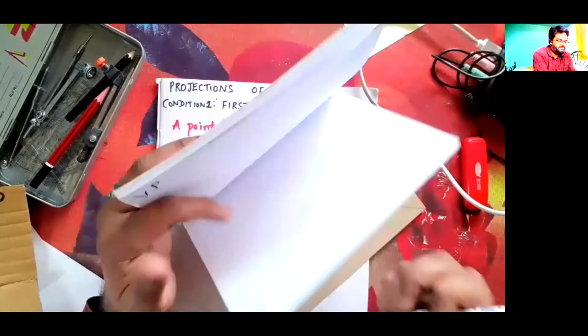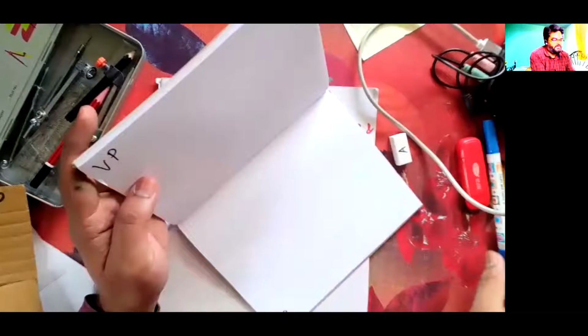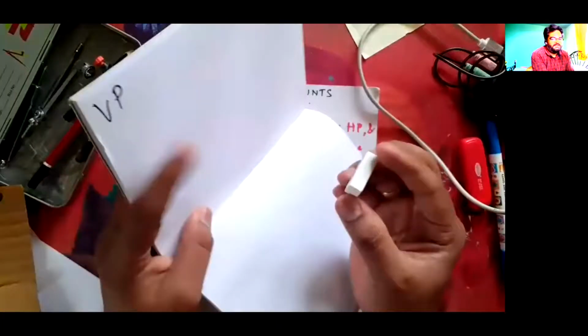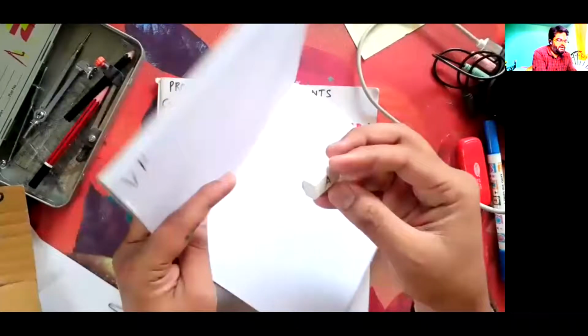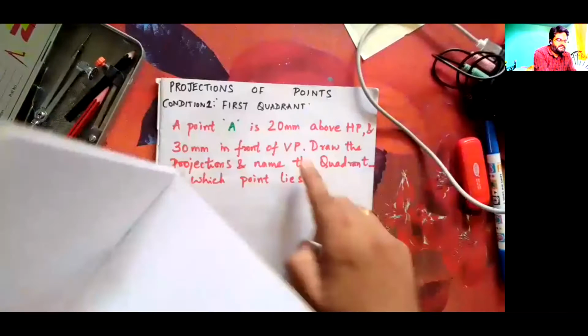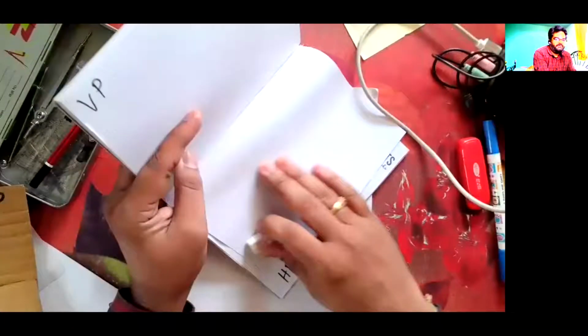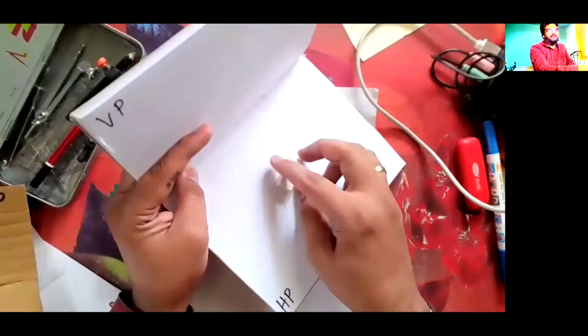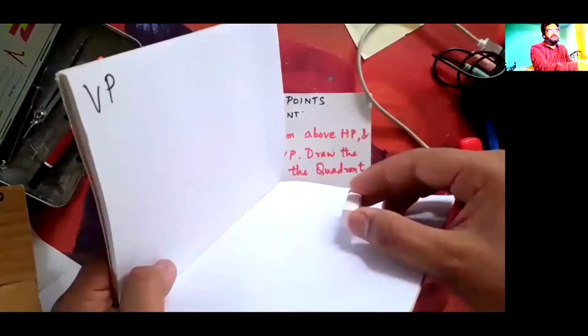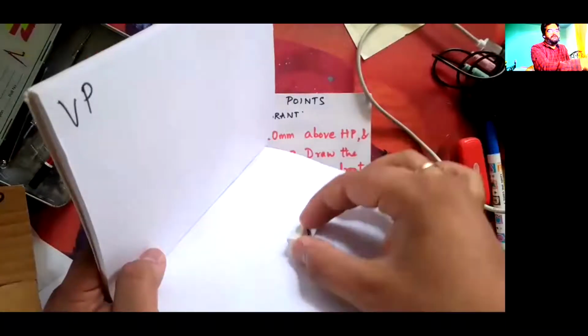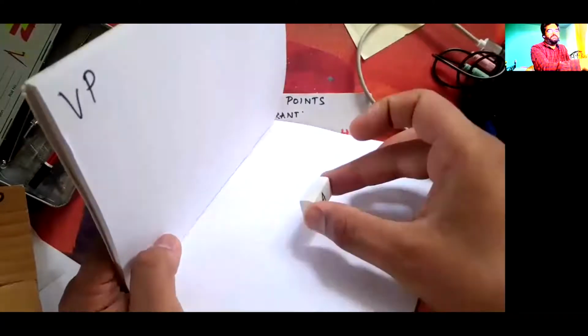So what is this point? Where is this point A? It is 20 mm above HP. From the horizontal plane, it is not at the zero position. I'll imagine it like this. I hope you can see this. 20 mm above HP, 10, 20, like this, not on the floor.